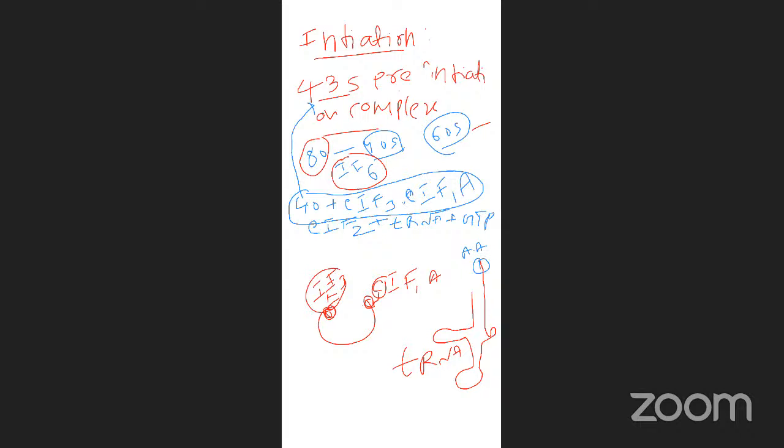The first amino acid in eukaryotes is methionine, so that was the symbol M. And this brings the complex, the 40S subunit complex, to reach this tRNA, the activated tRNA, at the P site.